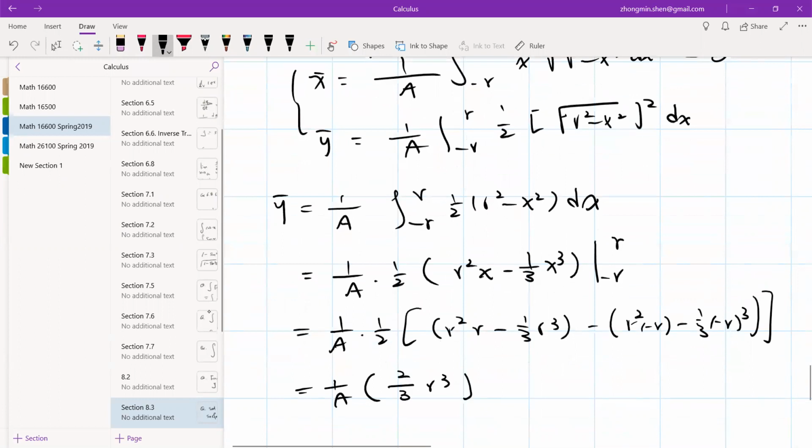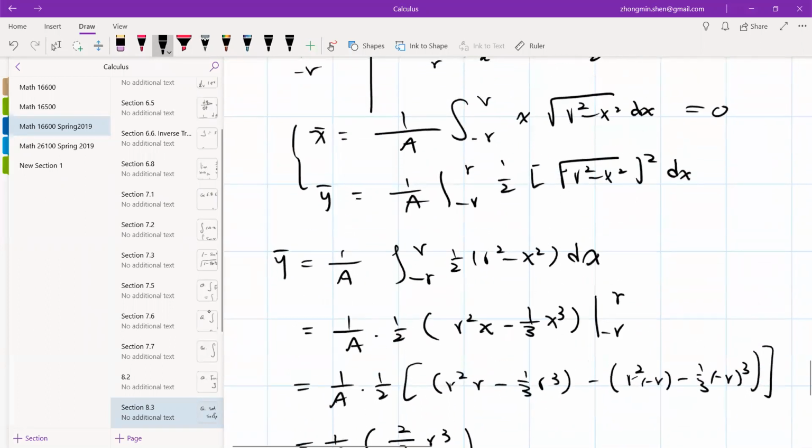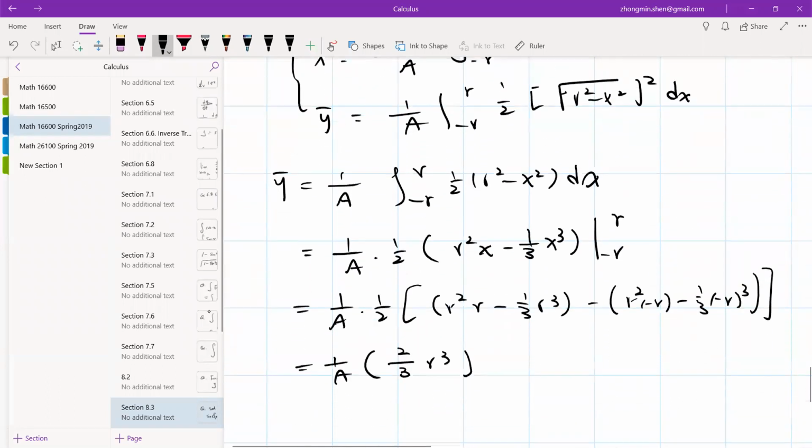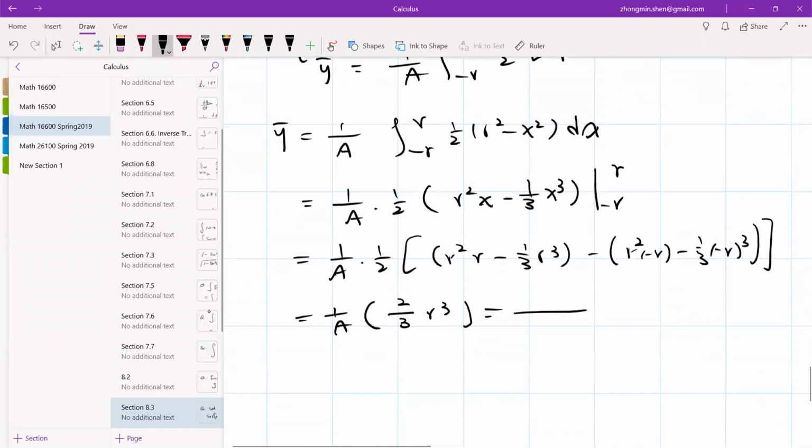Okay. What is my A here? A is already half pi r squared. Half pi r squared, and here 2/3 r cubed. And clearly, you will get 4r over 3 pi. Okay. So this gives the location of the center of mass.